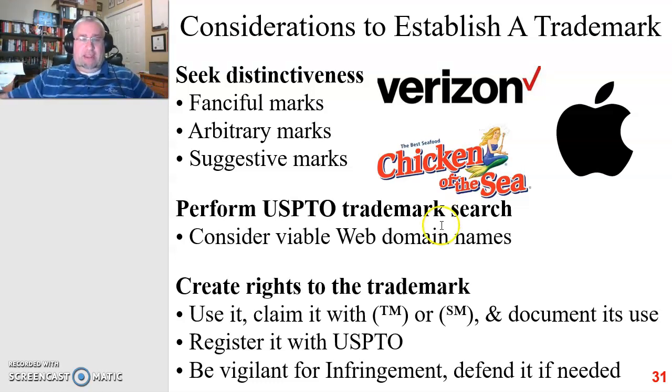Another thing to take into consideration, which is a relatively new development in the world of trademarks, is the fact that there's only going to be one unique web domain available for a particular brand, at least associated with .com, right?